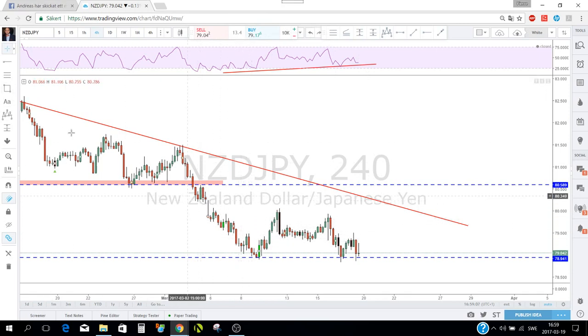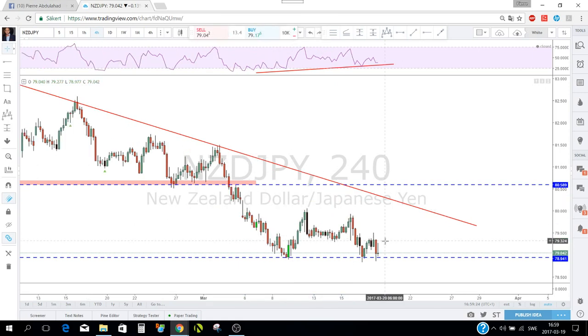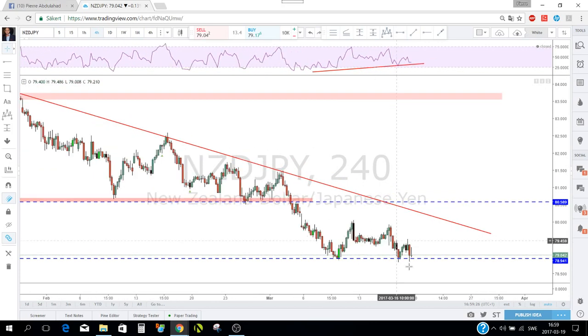As you see here, this gap is still open, so there is maybe a possibility next week for the market to close this gap. So you have two possibilities on this pair: long from down here or short from back up here.